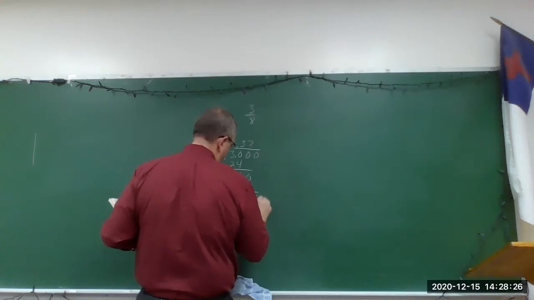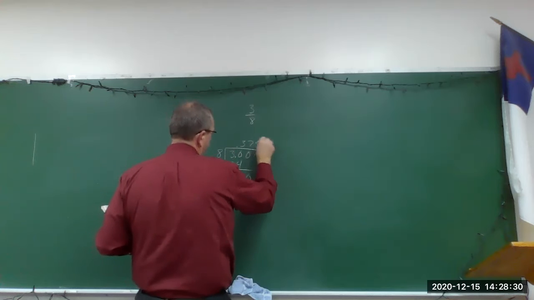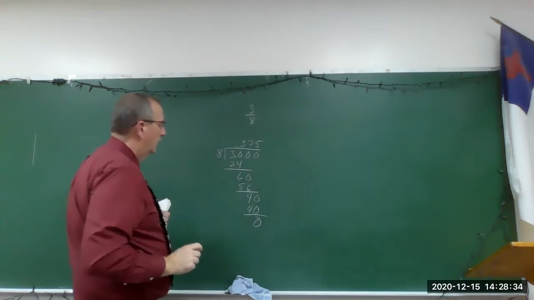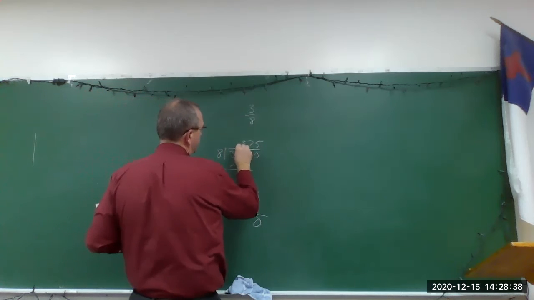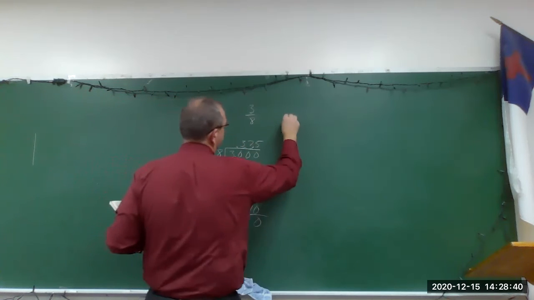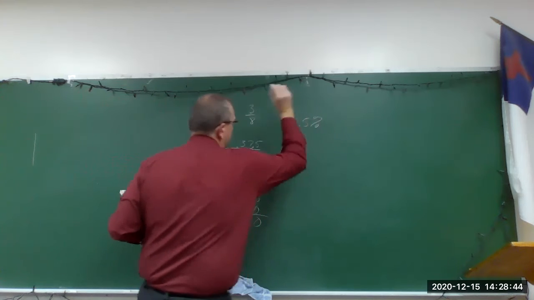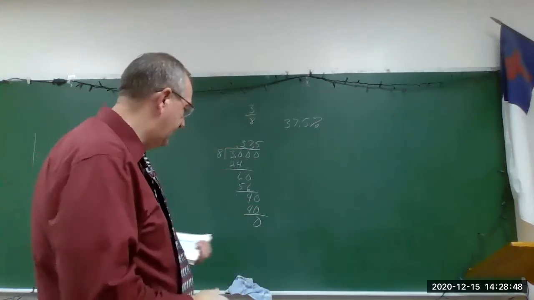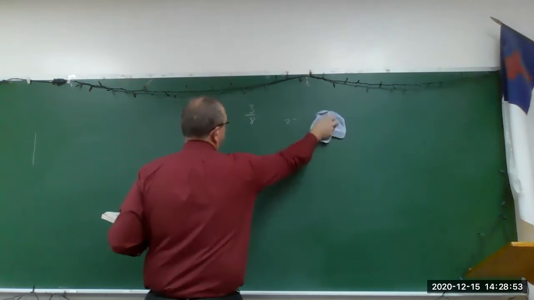Add another 0, and that's going to be a 5, and that's going to give you 40 with a 0 remainder. So you have 0.375. So you're going to move the decimal point 2 places, and you're going to have 37.5%. All right, that should give you enough of an idea of those.